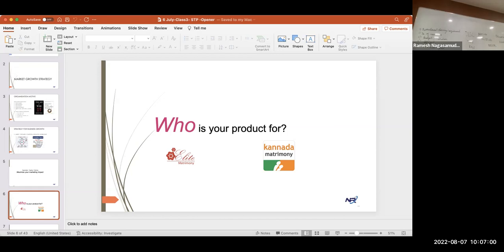Yes. And Elite Matrimony, non-Kannada speaking. Parameters are different, but there could be an overlap of parameters. That's the point I'm trying to bring you. You could be elite and Kannada speaking, or Kannada speaking and elite as well.